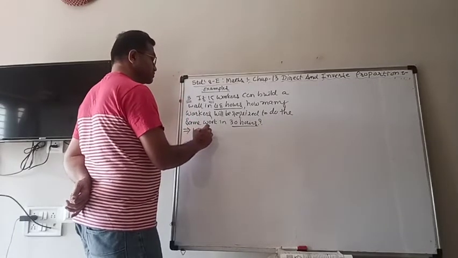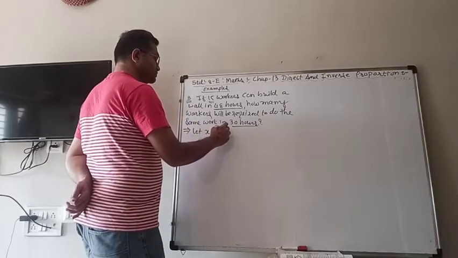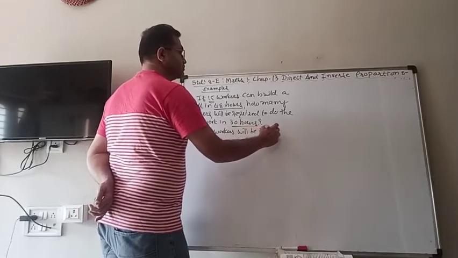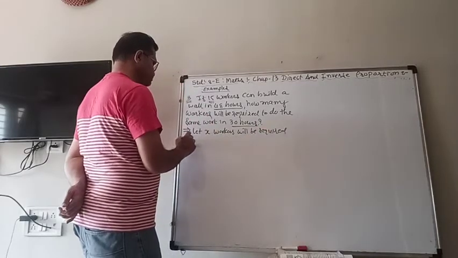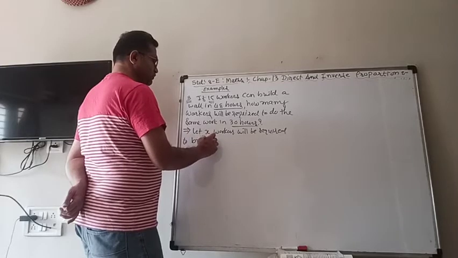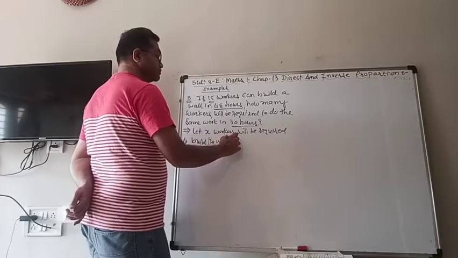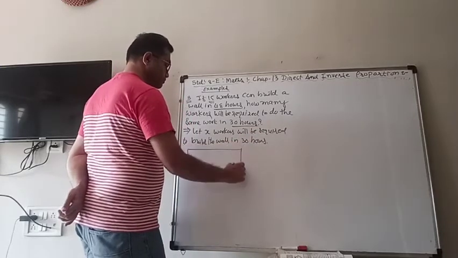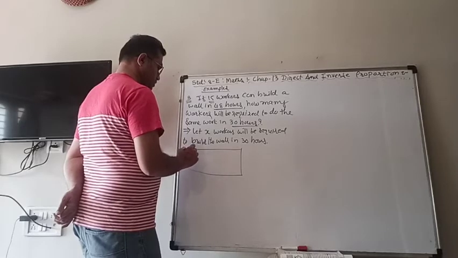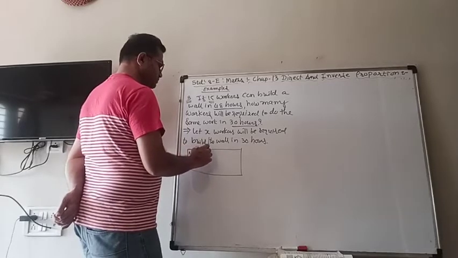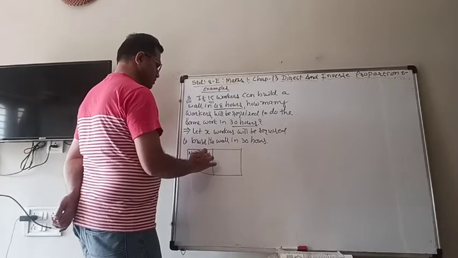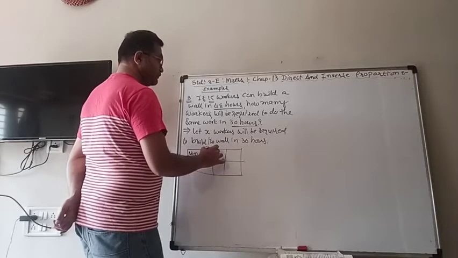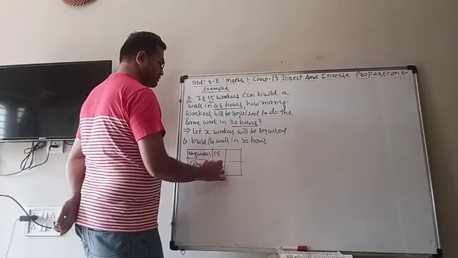So let x workers will be required to build the wall in 30 hours. So now, number of workers and time. If number of workers are 15, they take 48 hours.